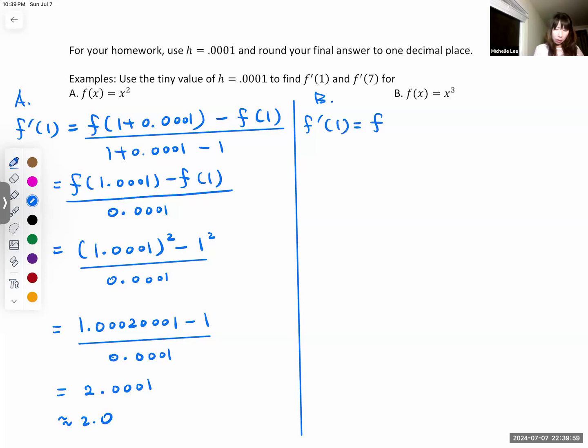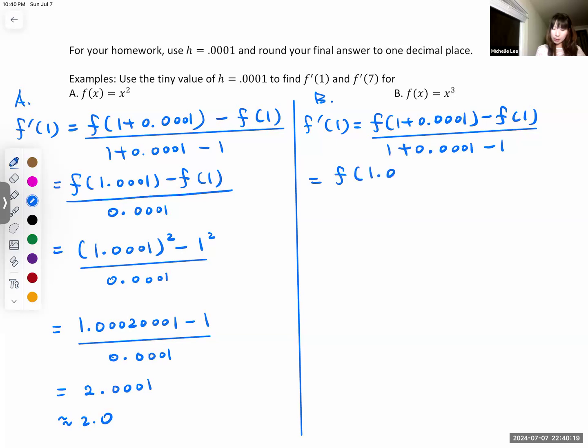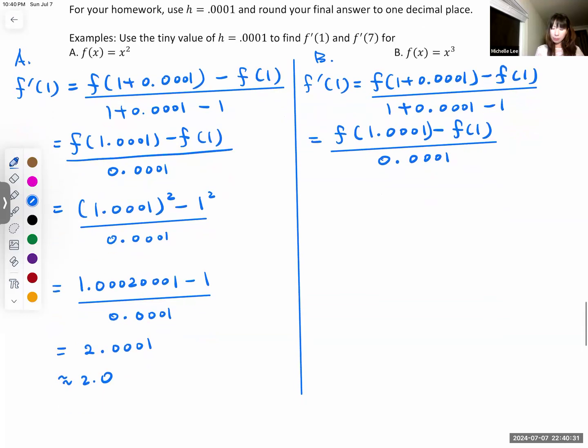So f prime of 1. So f of 1 plus 0.0001 minus f of 1 all over 1 plus 0.0001 minus 1. So that will be f of 1.0001 minus f of 1 all over 0.0001, right?